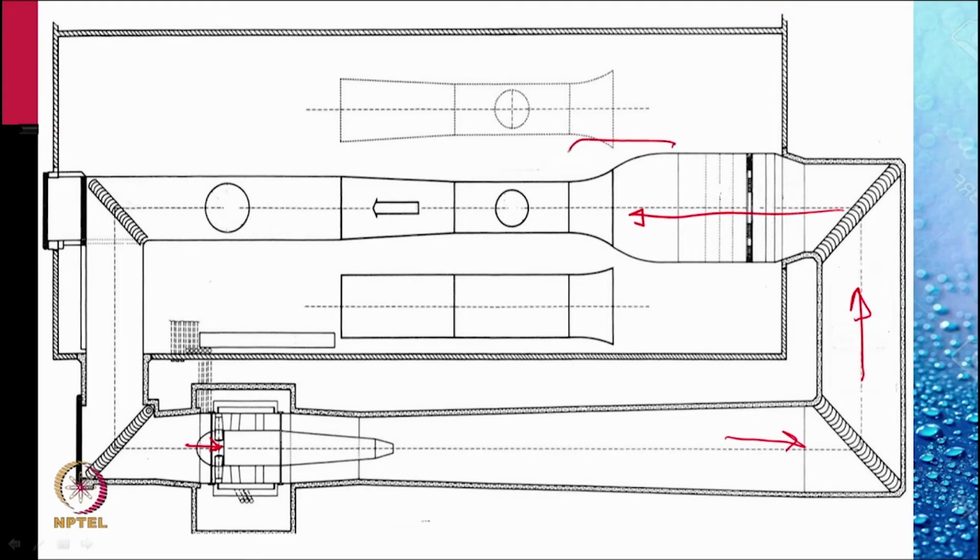The air is speeded up in this nozzle, and this is the test section where the parts that we want to study the flow on are mounted with proper instrumentation. The flow then slows down in the increasing section and is recirculated. The recirculation is there essentially to save energy.